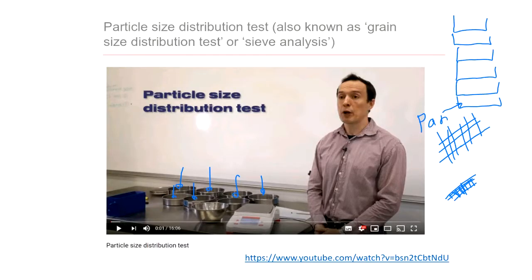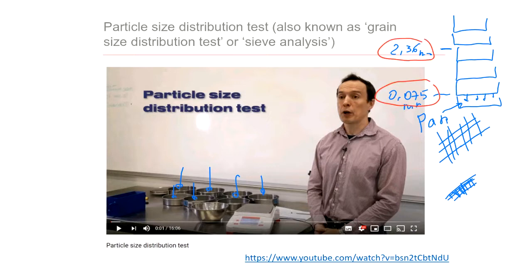It has no openings, no mesh. It's just a pan to collect everything that goes through the final sieve. So typically it comes after 0.075 millimeters. And somewhere here we have 2.36 millimeters. So these are the major sieves that we would like to use to get the difference in terms of fractions.